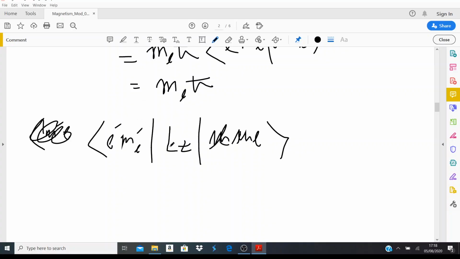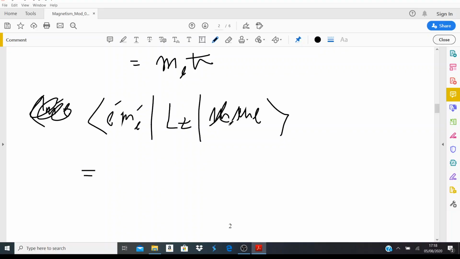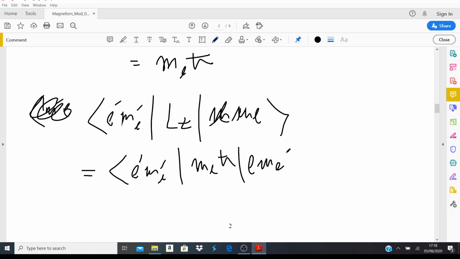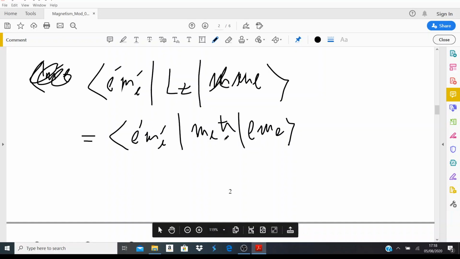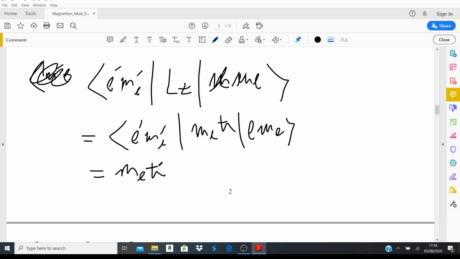Now we are trying to understand whether we can make a transition from this state to that state using L_z. How do you calculate this? It's simple. When L_z operates on |l, m_l⟩, you will have m_l ħ times the same state, and you can bring this number out, the same strategy every time.